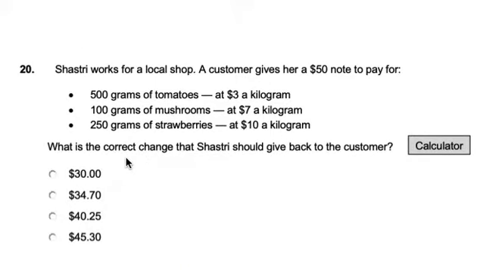I have 500 grams and I'm going to divide by 1000 to get kilograms. Note that this question does allow a calculator, so we can do that. If you do that in a calculator, you should get 0.5 kilograms. So that's how many tomatoes I have.